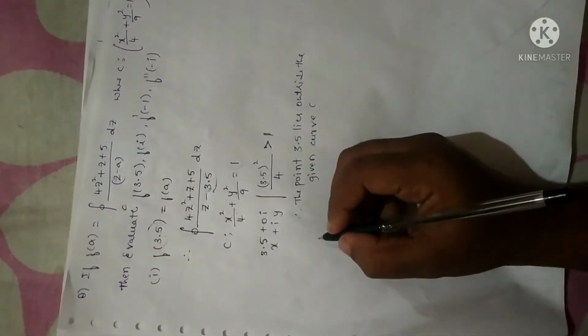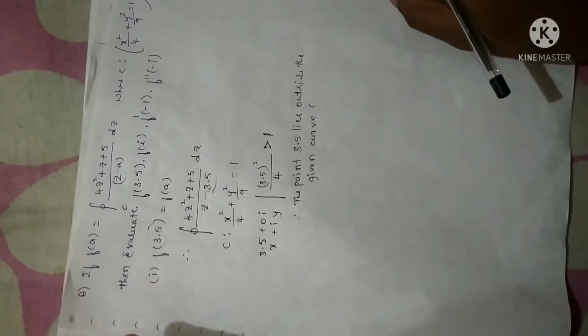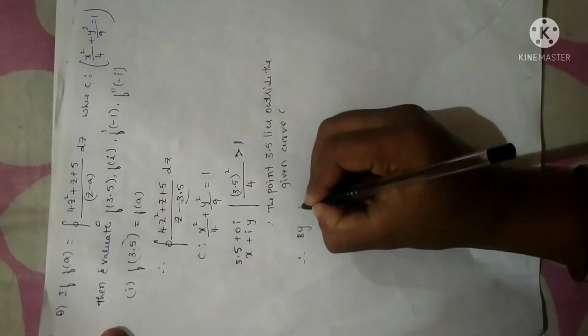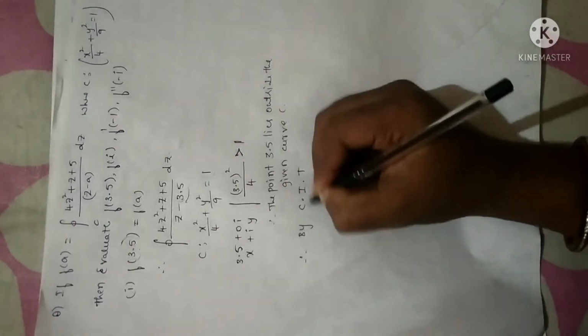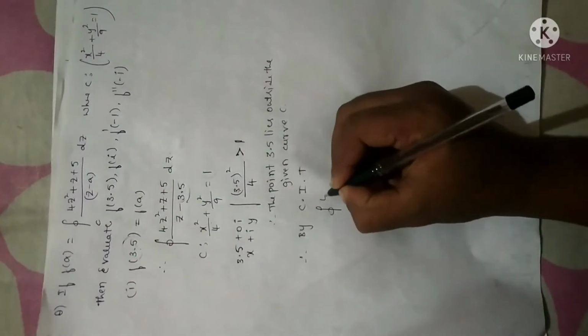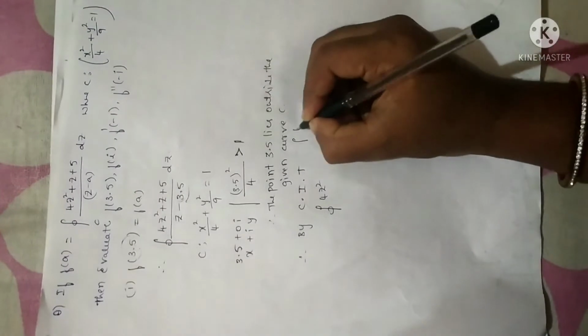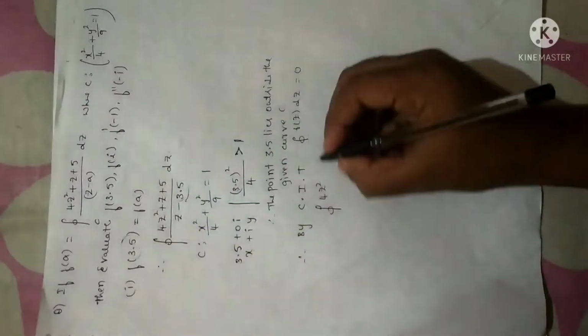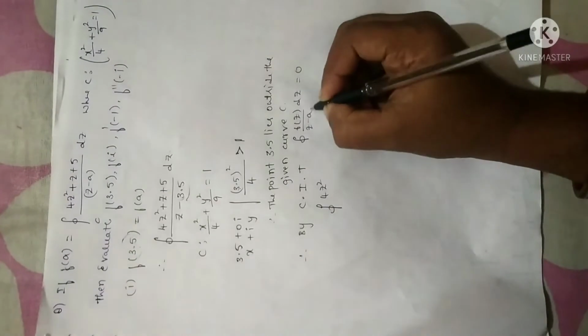So as I already told you, when the point lies outside, we can apply Cauchy's integral theorem. Therefore, by Cauchy's integral theorem, what is the value of the integral? It goes to 0, right? So you have to write the theorem also. Integral f of z dz is equal to 0. Integral f of z by z minus a into dz is equal to 0.